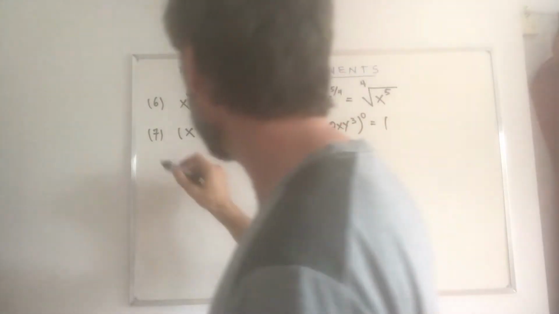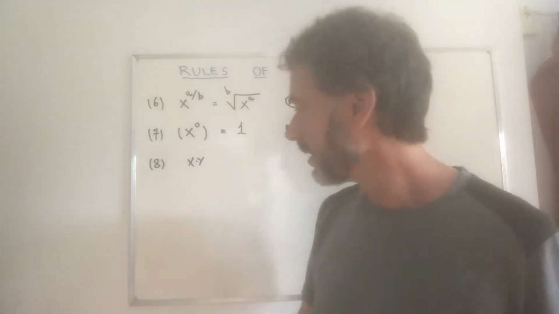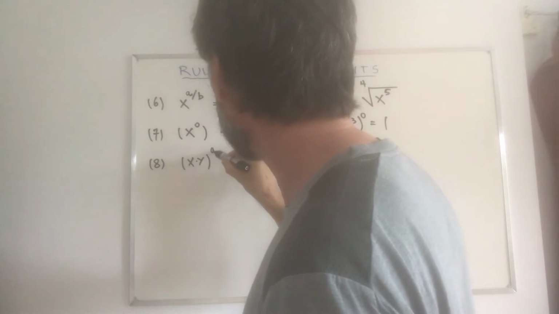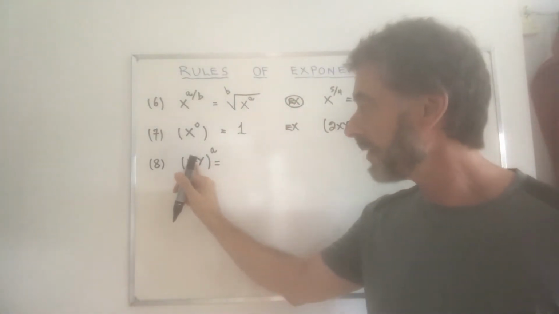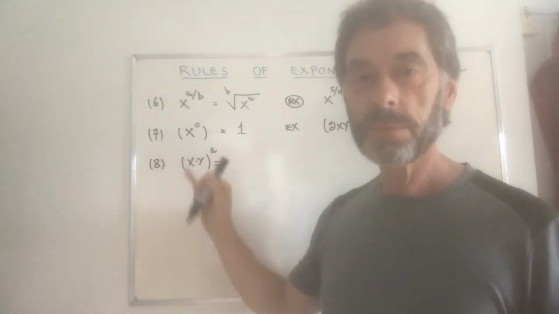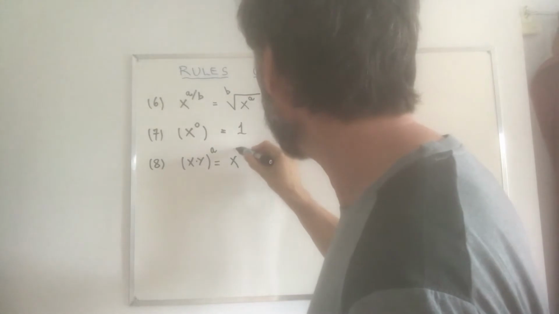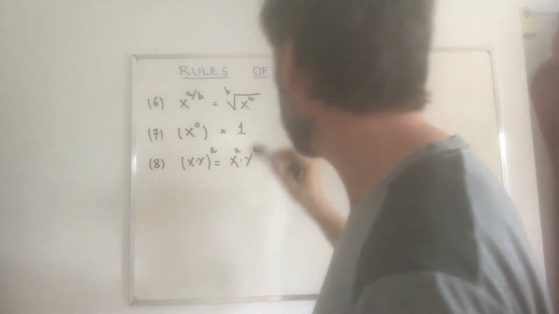All right, now down to those rules that actually have x and y in them. So x times y, two variables multiplied together. If that is raised to the power of a, notice that this is not a plus, not a minus, it's a multiplication. This only works for multiplications. This is x to the a times y to the a.